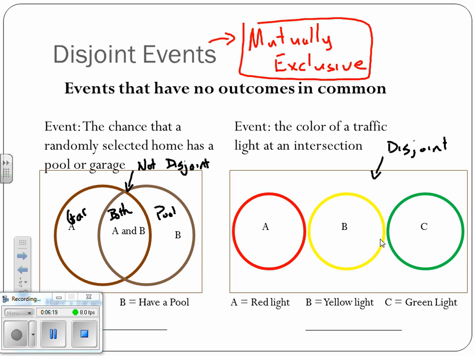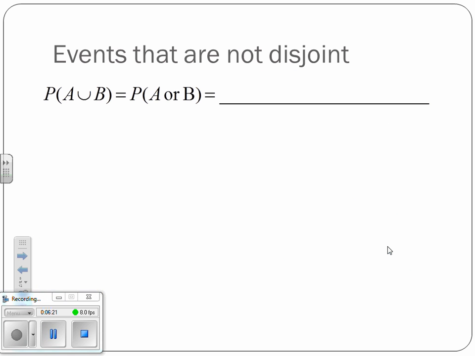So, events that are not disjoint. This is going to be an alteration of our previous addition statement.